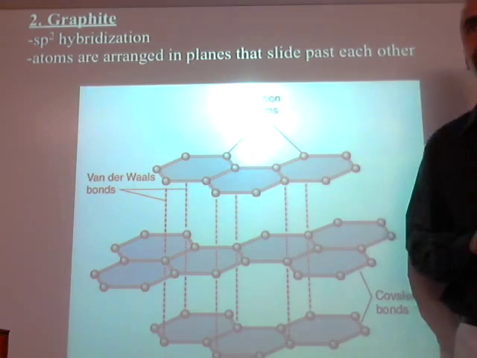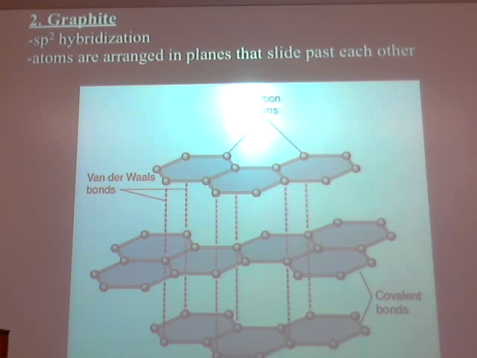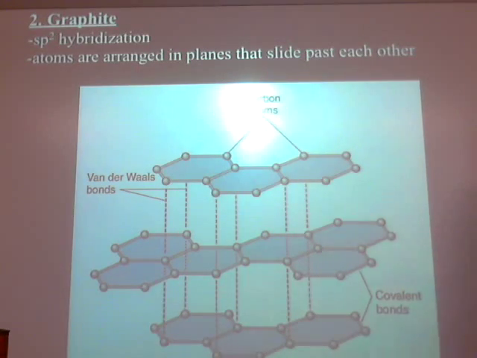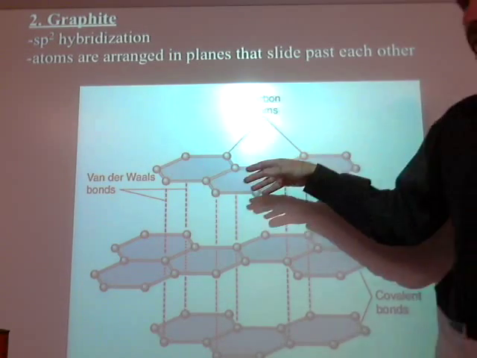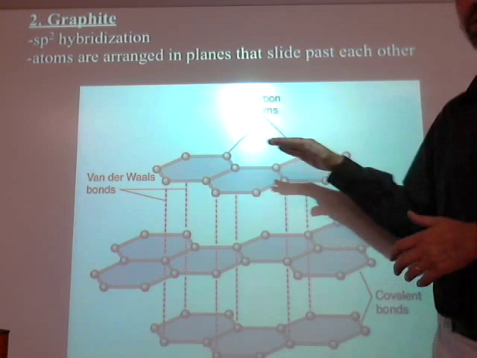I'm not saying you should do that. Probably gunks it up. Graphite is used as a lubricant on chains because these things slide past each other. Also, graphite is used for golf clubs and tennis rackets. Why? Because it has a very strong tensile strength this way.